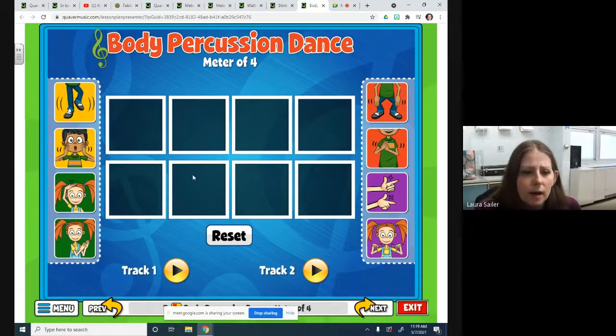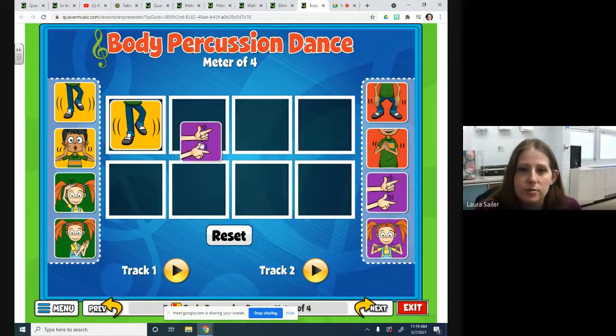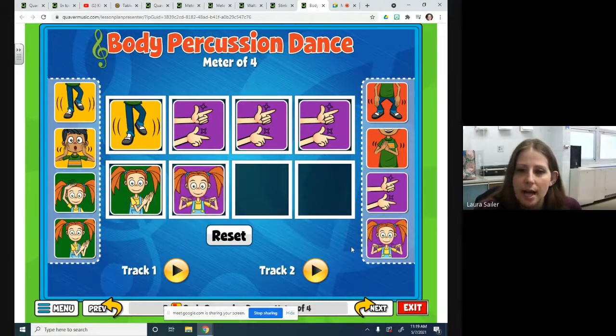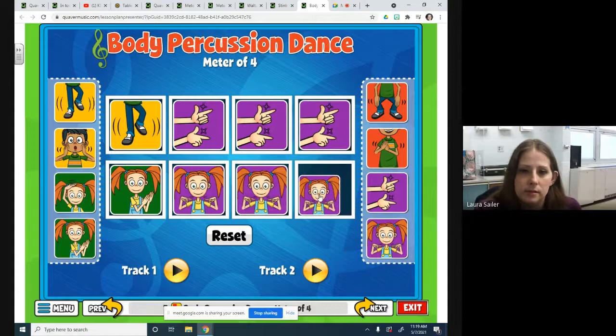Okay, next one is body percussion in a meter of 4. So then you would want a strong beat. So I would say a march is pretty strong, and then 3 weak beats, right? So I'll put a march there. I'd say clap is a pretty strong beat, and then we could do tap for 3 beats, right?